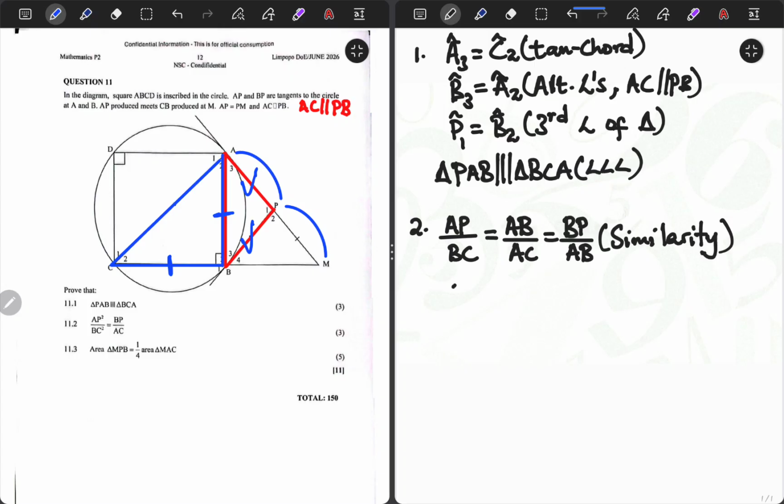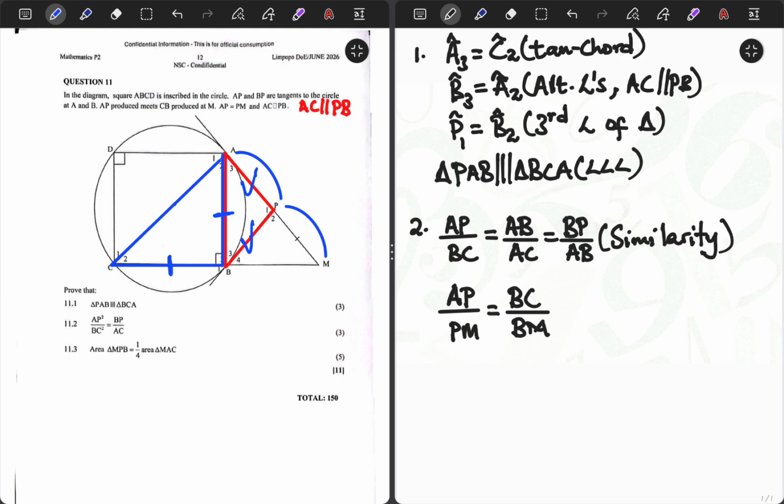So AP over PM equals BC over BM. Is this going to help us?